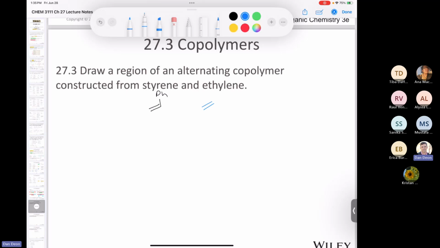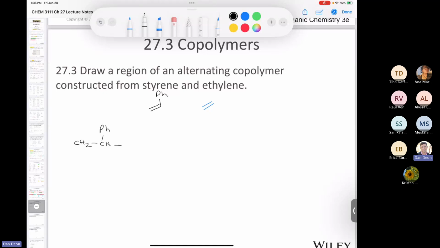Anyhow, if we were going to draw a region, let's start with styrene since they put that first. You can start by writing CH2 like that, or you could condense it just to make it a little faster and say CH2. Then we have our methine with our phenyl attached to it.